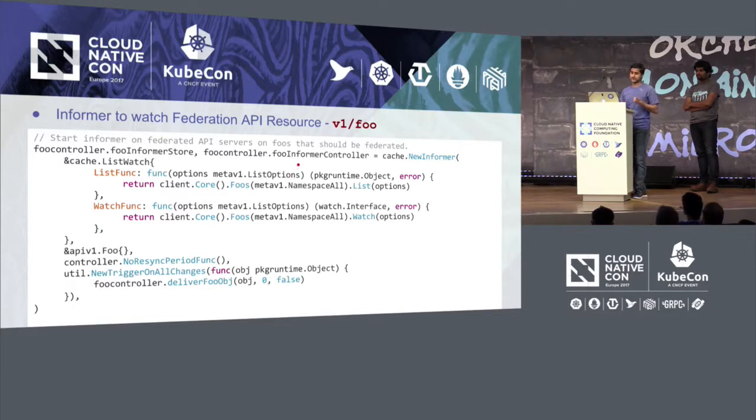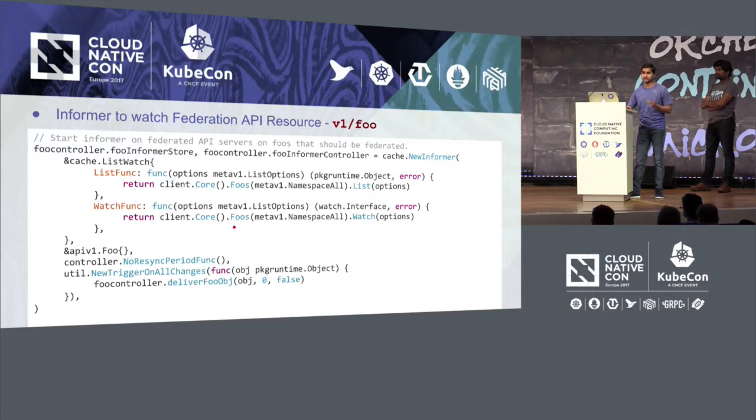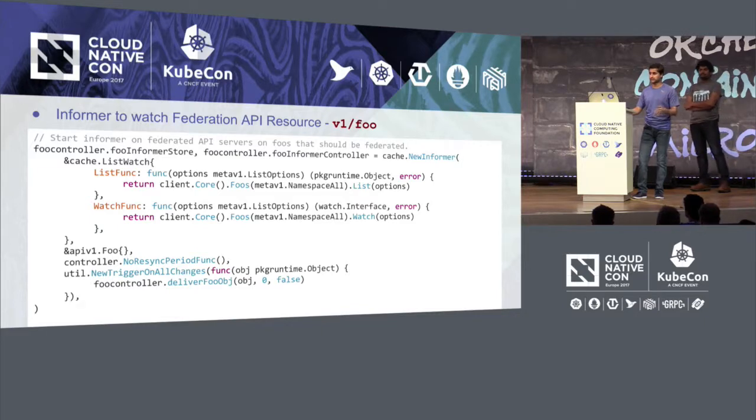This Informer is basically setting up a watch for your resource type, foo resource type, in the Federation API server. And you need to provide two lambda functions, which are implementations to list and watch. Watch does a watch for the events in the API server.